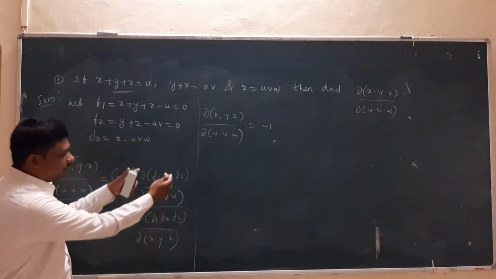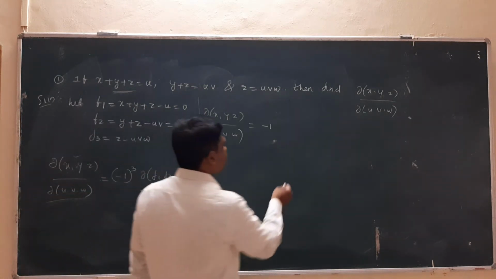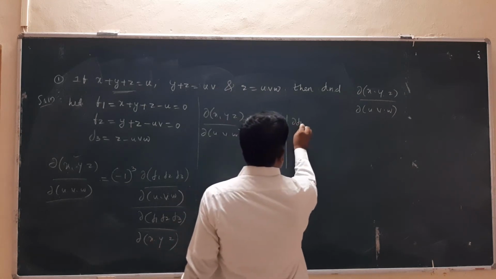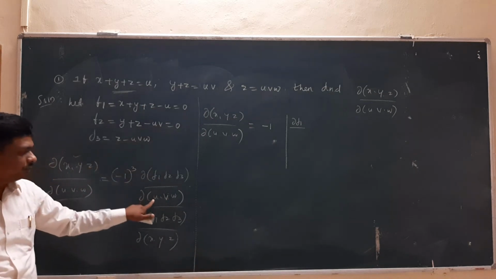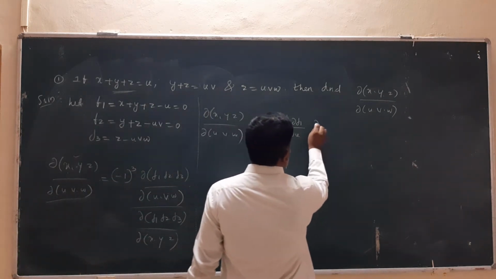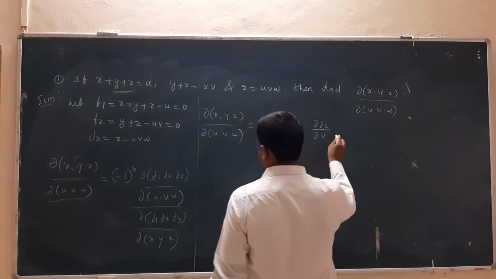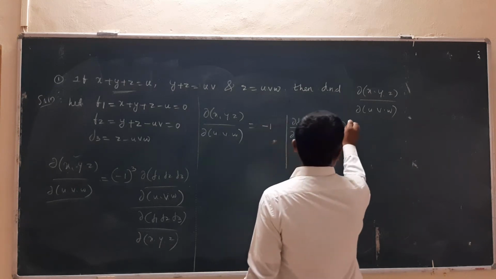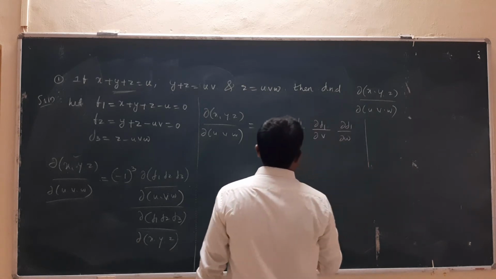So I will write the determinant of this, applying the definition of Jacobian. So this implies numerator: dou of f1 upon dou of u, dou of f1 upon dou of v and dou of f1 upon dou of w.